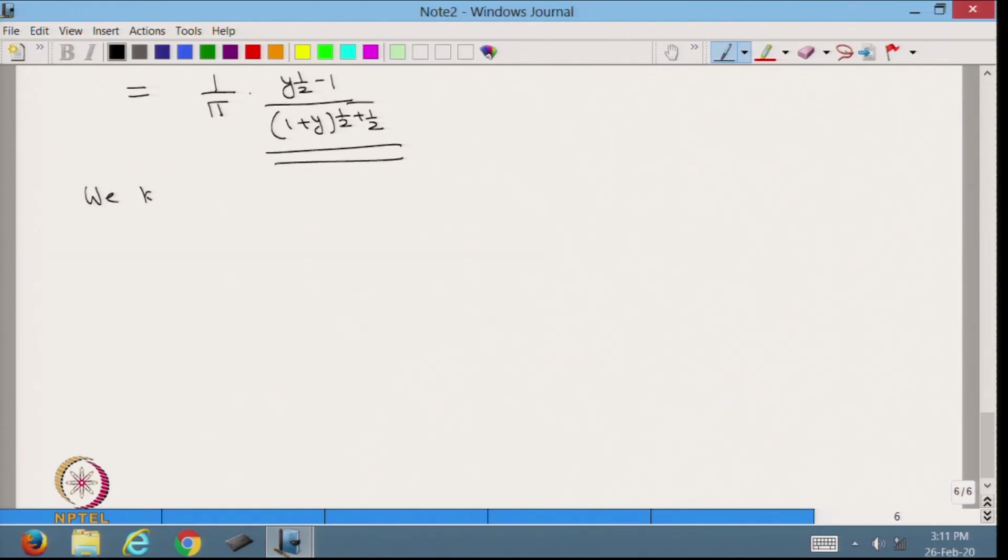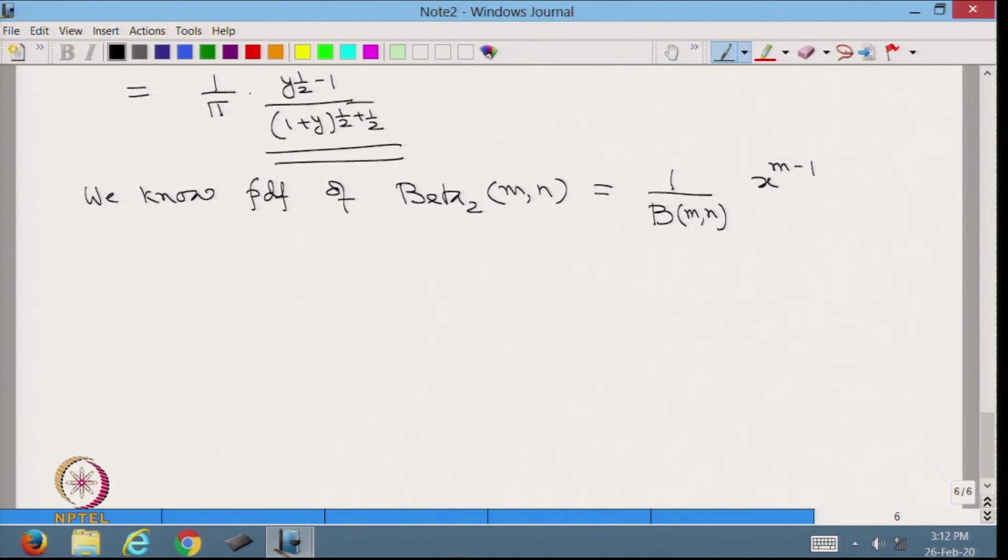We know the PDF of beta 2 with m comma n is equal to 1 upon beta m comma n x to the power m minus 1 upon 1 plus x whole to the power m plus n. Thus, we can notice a very similar pattern.